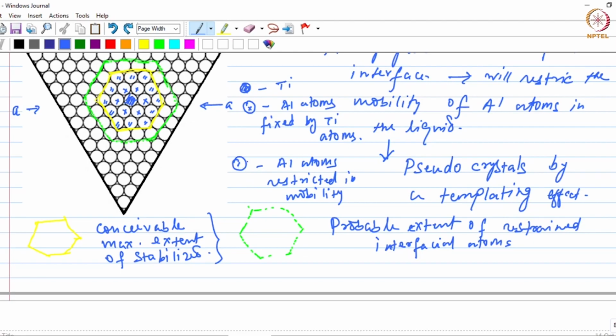And when you have this double dash, that indicates aluminium atoms located by the fixed core.